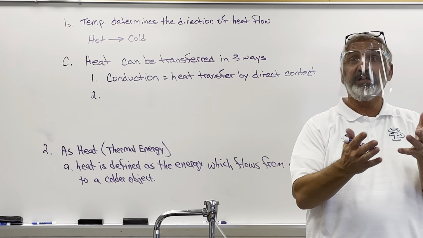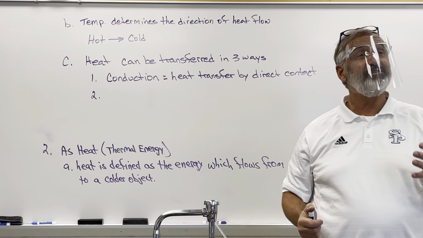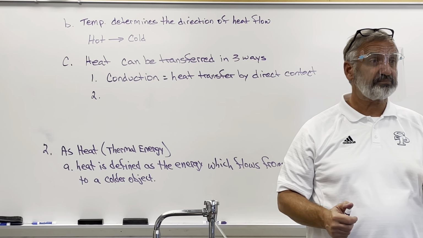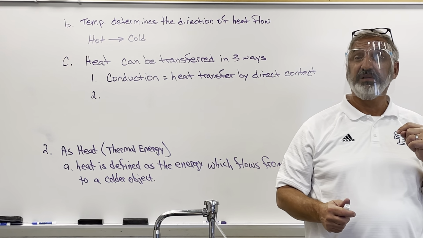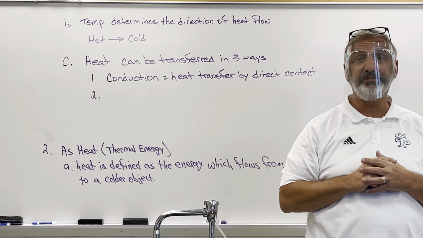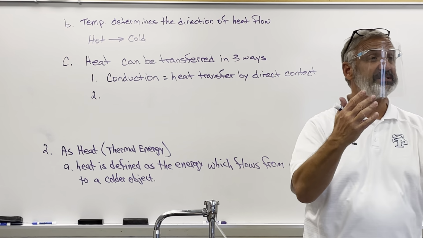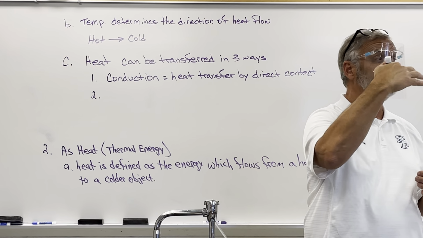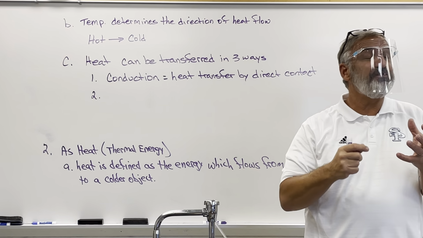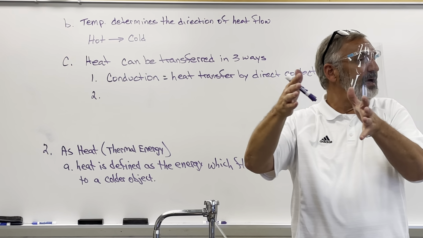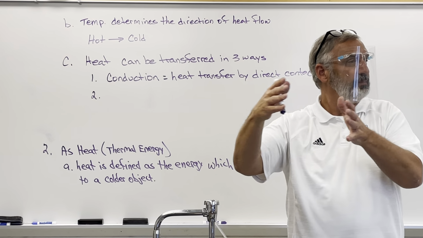So the heat is right there on the inside. But in a convection oven, what's different? That's right, the heating element's not in the oven. You heat it on the outside and then use a fan and blow the heat in. So convection is when you physically move a heated object from one place to another.